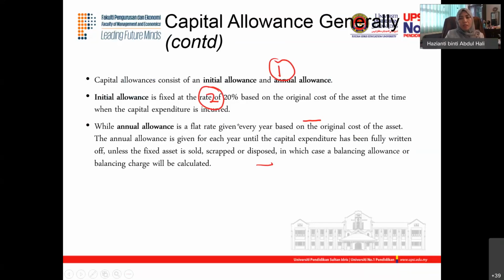But for income tax purposes, that's why you have to calculate two things. If you are the tax agent, we calculate the tax part. But if you are the account staff doing accounting, you will calculate depreciation. So when it reaches the tax people, they calculate the capital allowance again, because the rate given by the income tax is a flat rate. Okay.